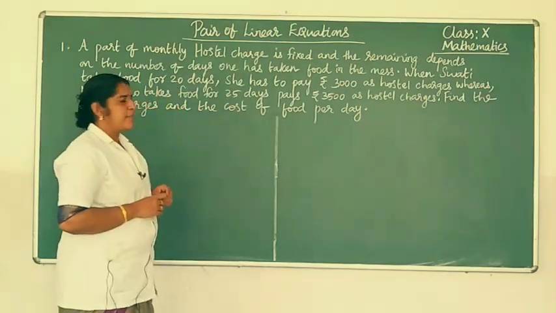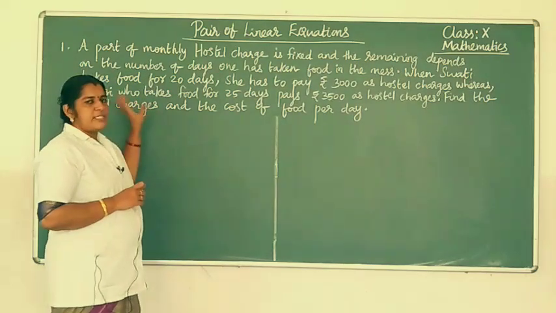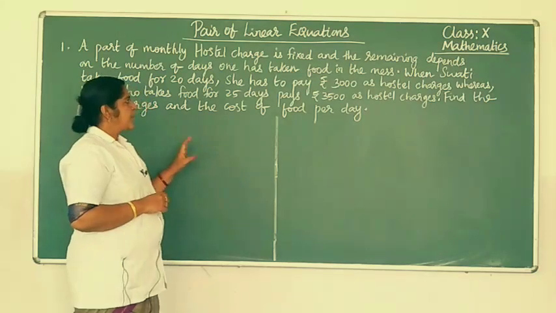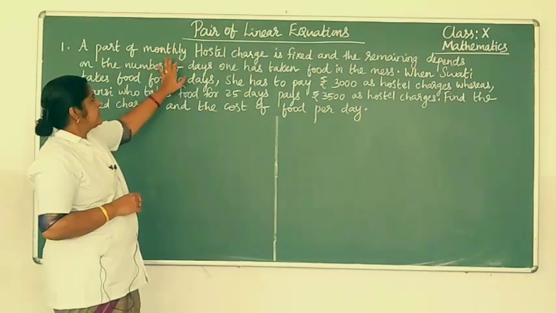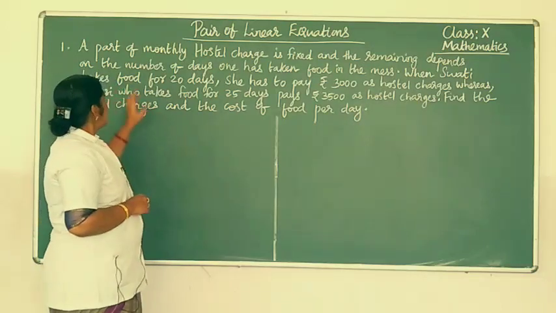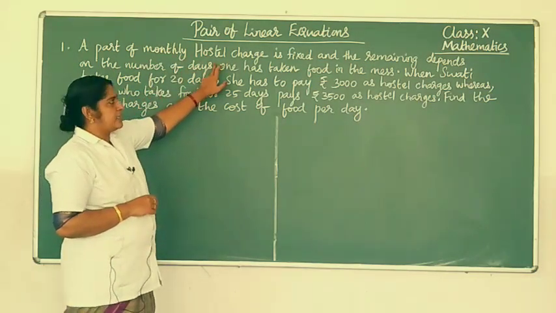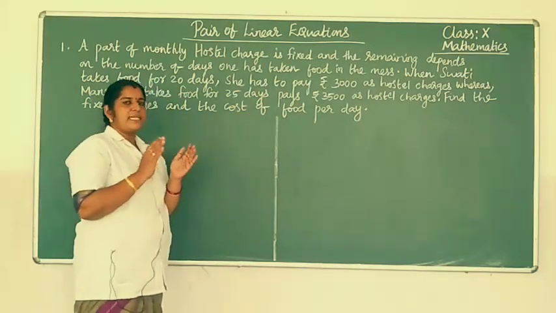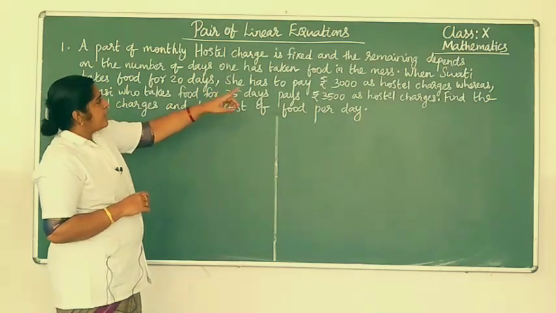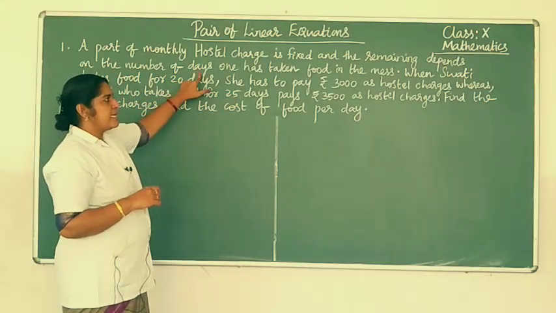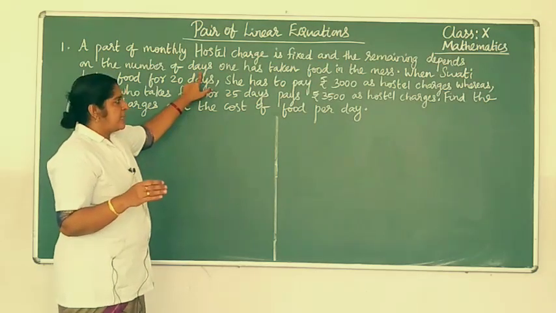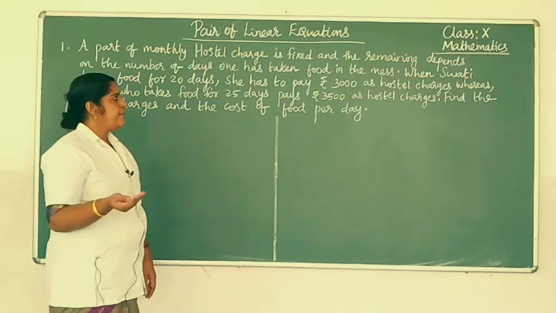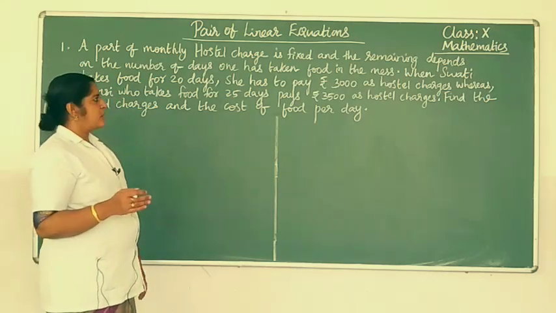Okay, we can see the meaning of the question once again. First you need to understand the meaning of the question before you form the equations. A part of the monthly hostel charge is a fixed amount, and the remaining depends on the number of days. Together with the fixed charge, a person who is taking food has to pay that extra charge also.